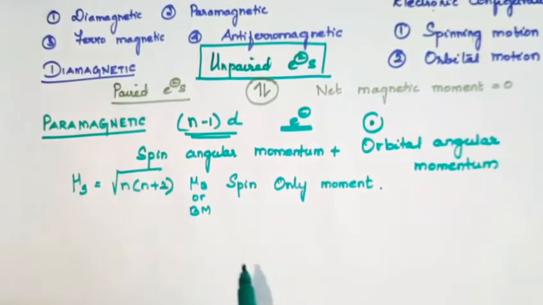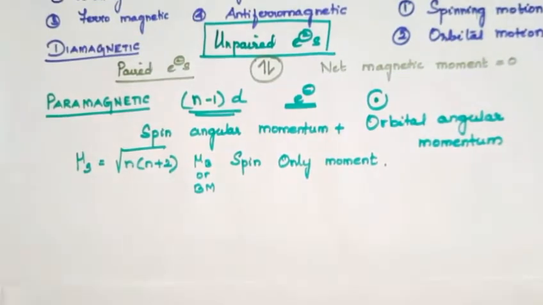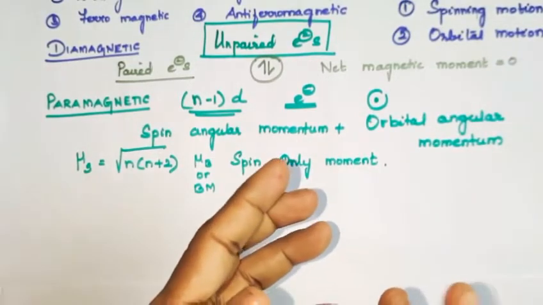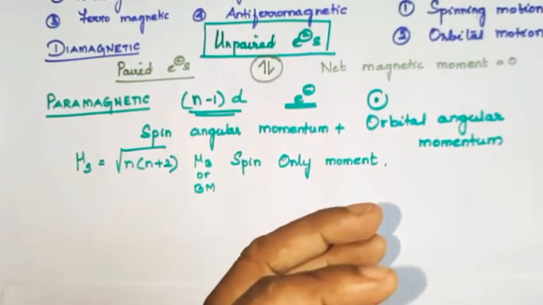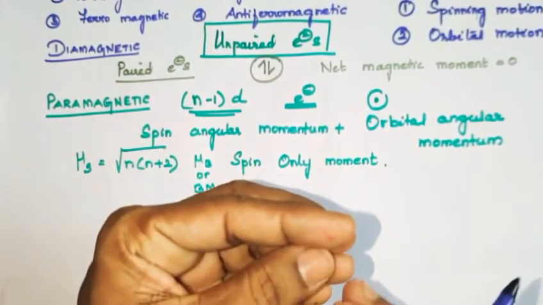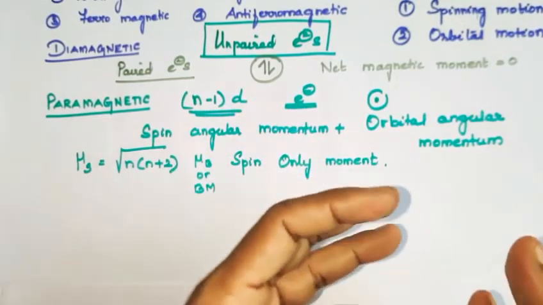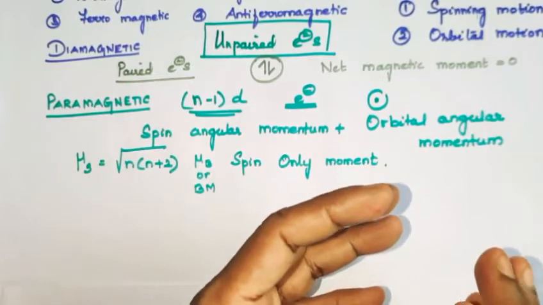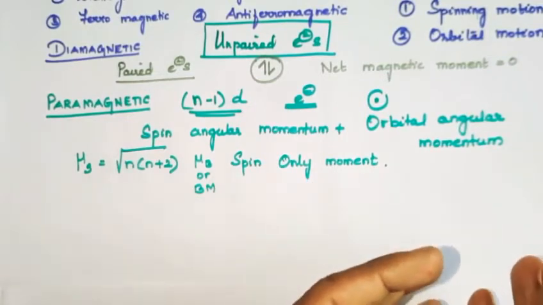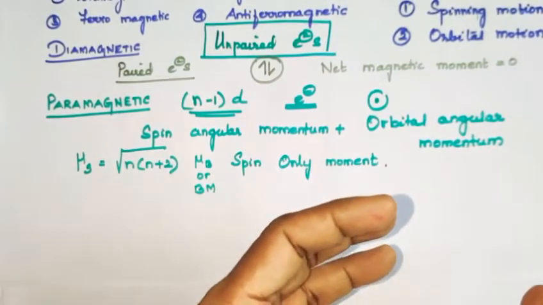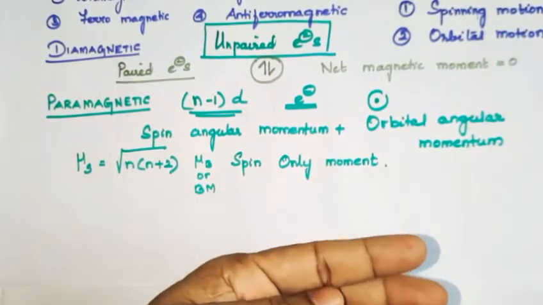In materials that exhibit paramagnetism, the electrons behave as electron dipoles, but they are separated and randomly arranged. So under normal conditions there is no net magnetic moment because the dipoles are randomly arranged.